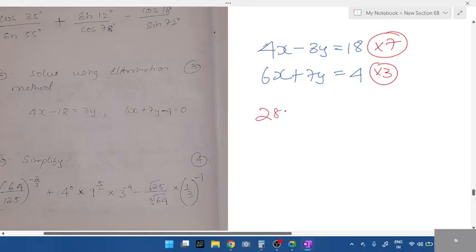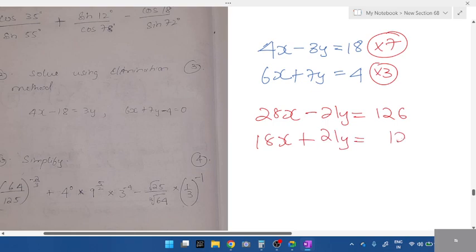Multiply the 7 4s are 28x. 126. Next, 18x. What did you write? 4 or 12?